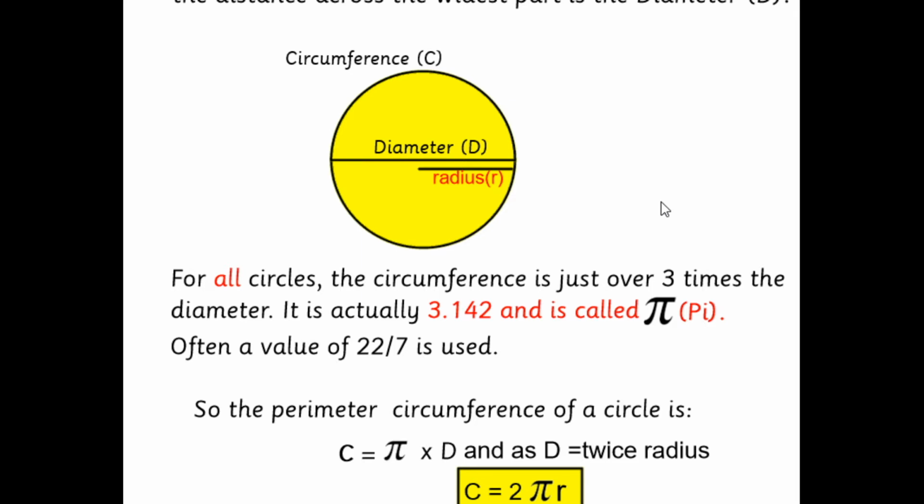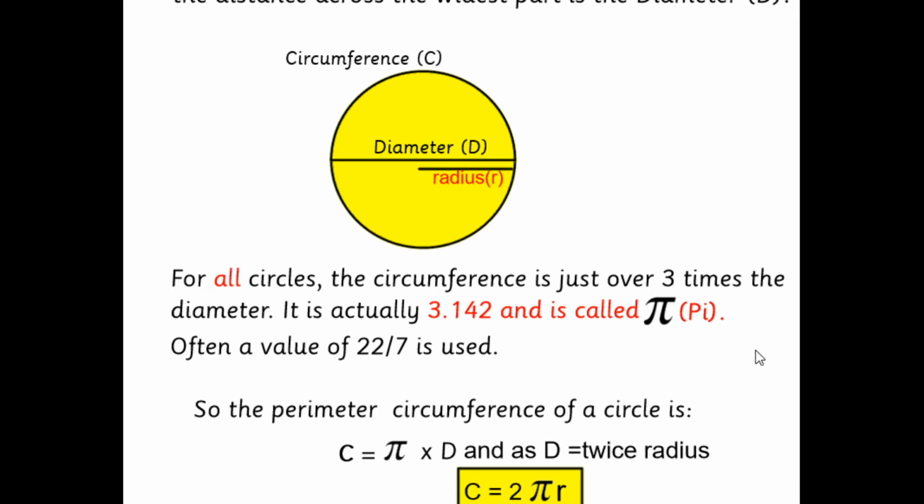Get a jar, measure the distance around the outside, measure the distance across, and divide them, and you get 3 in that sort of area. It's actually 3.142 and a lot more decimal places, and it's called pi. There's a symbol. Often we use a value of 22 over 7. If you divide 22 by 7, you get something like that.